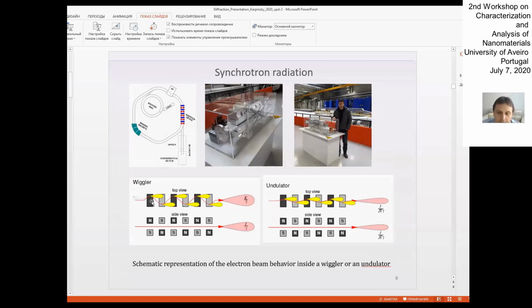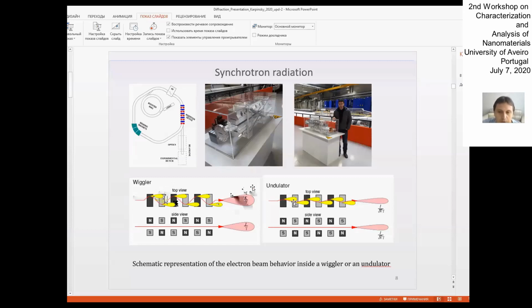So it has additional acceleration. Additional acceleration means an additional component of X-ray emission. And because of the geometry of the Wigler, this emission still has a solid spectrum.